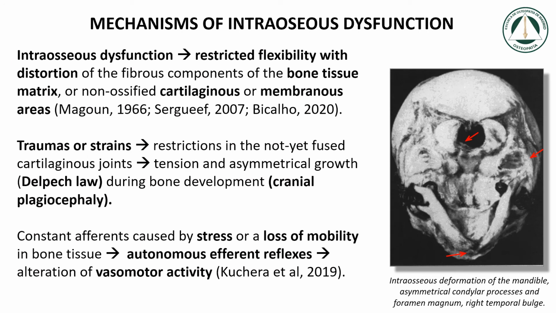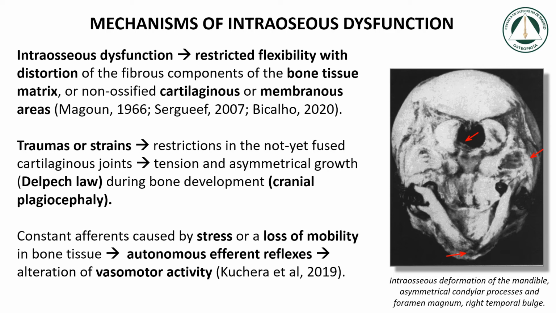Intraosseous dysfunction is characterized by restricted flexibility, with distortion of the fibrous components of the bone tissue matrix, or non-ossified cartilaginous, or membranous areas. Traumas or strains are responsible for restrictions in the not yet fused cartilaginous joints. Tension and asymmetrical growth, Dopesh law, during bone development, cranial plagiocephaly.